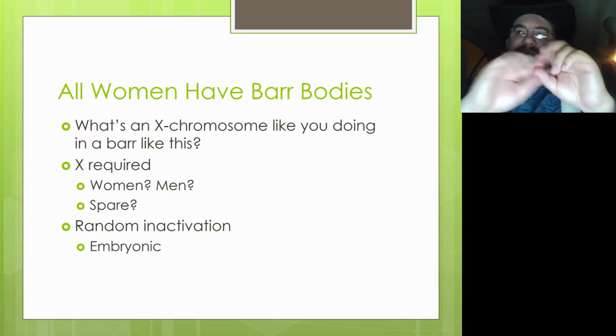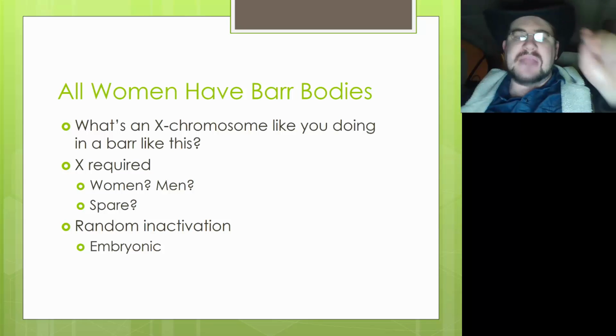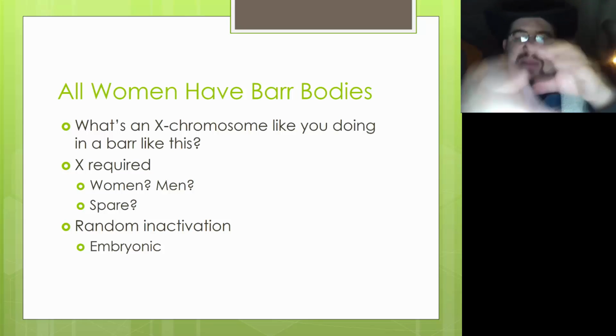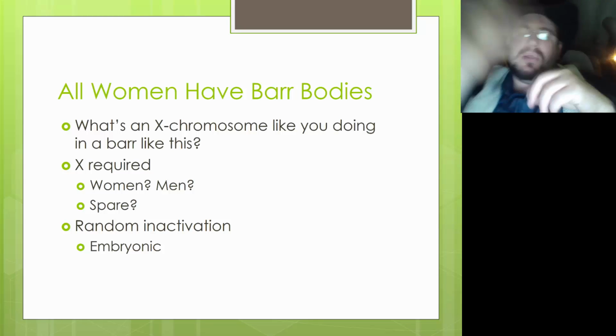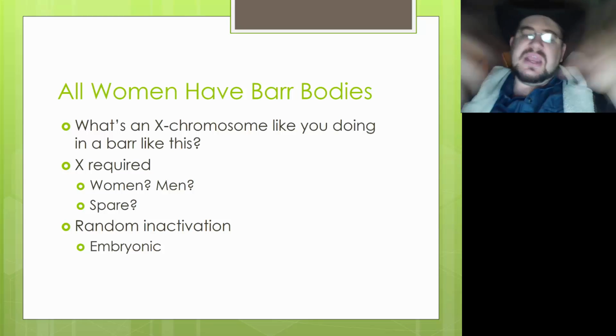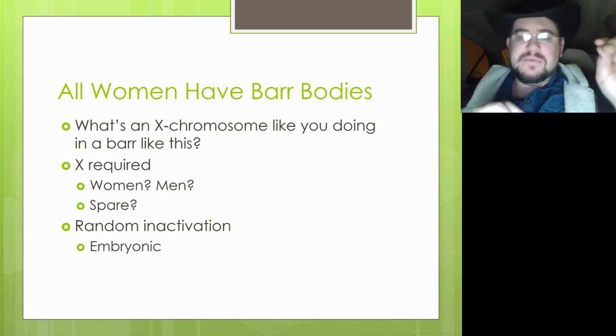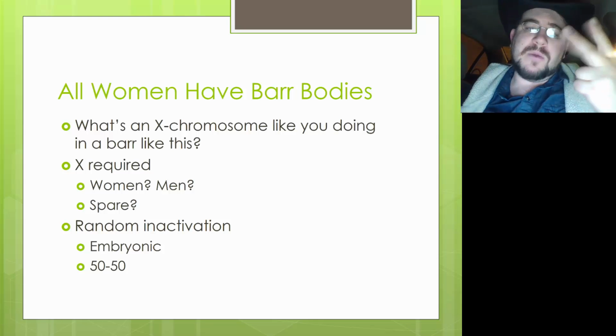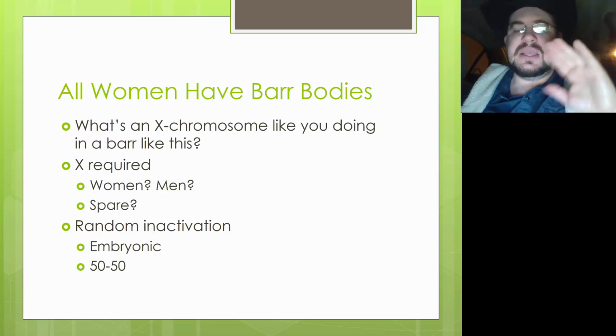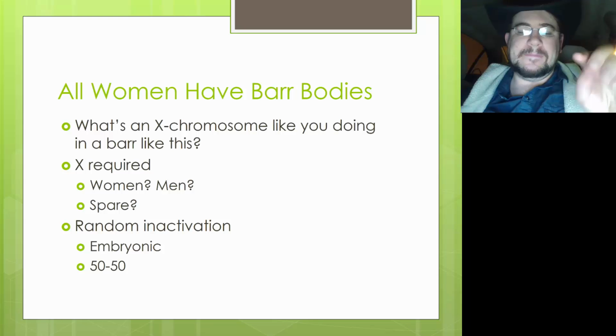So the linear strand of DNA that corresponds to the X chromosome coils up and compresses so that none of its DNA is easily available when trying to read the DNA and produce proteins off of it, right? Now, it's a 50-50 shot. It is random. You have 2 X chromosomes, one from mom, one from dad, and which one gets inactivated is completely random. So this can result in some interesting stuff.